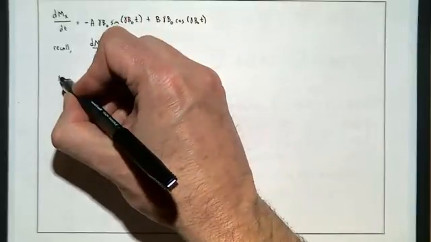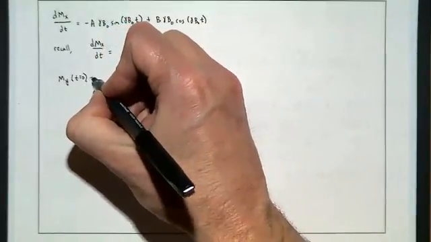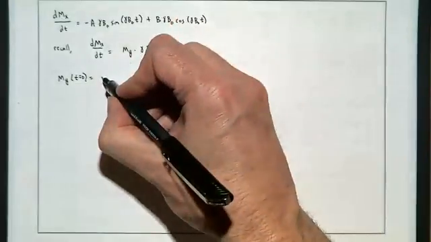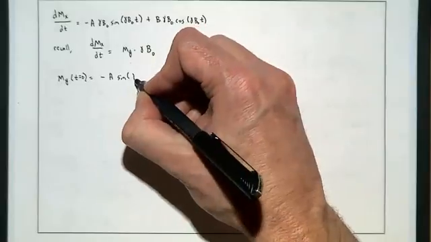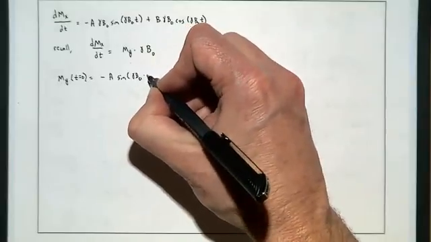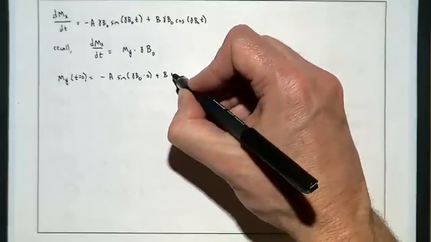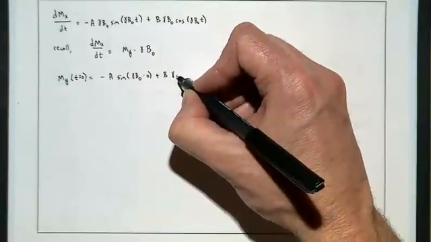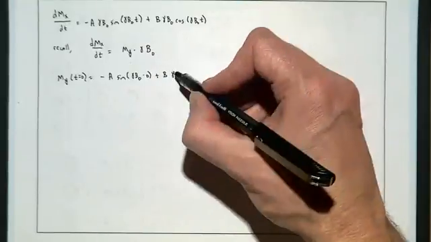We can say my at time t equals 0 is minus A sine(gamma B0 times 0) plus B cosine(gamma B0 times 0); the gamma B0s drop out.